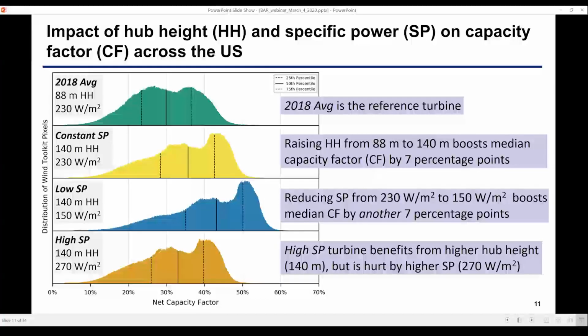The high SP turbine, the bottom orange distribution, has the bump up from going from 88 to 140 meter hub heights, but also a slightly higher specific power, in this case 270 watts per meter squared. So you see the distribution shifted slightly to the right, but not as much as the constant SP turbine. So those are your capacity factor results.